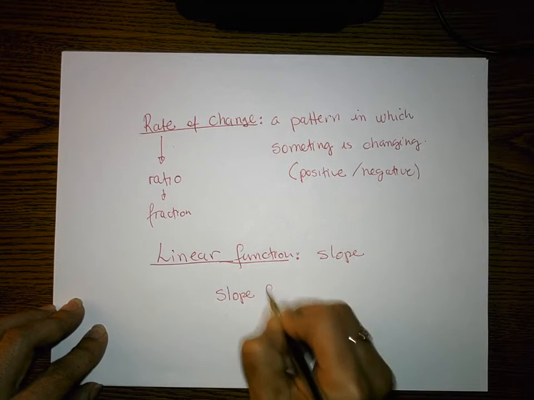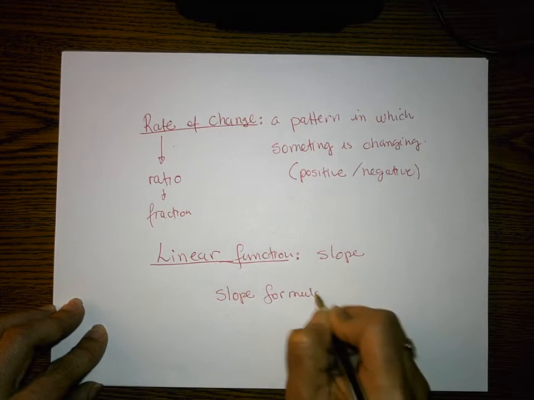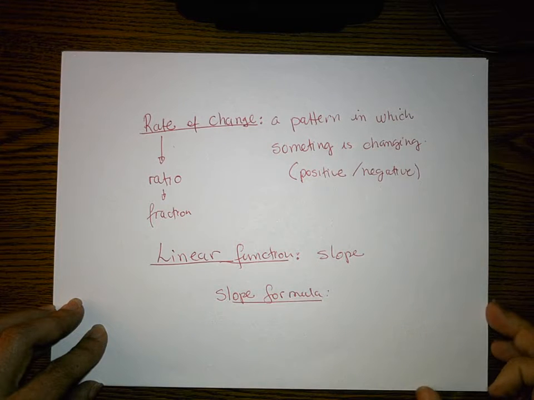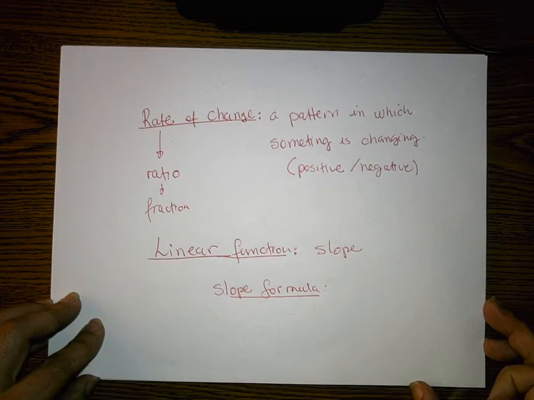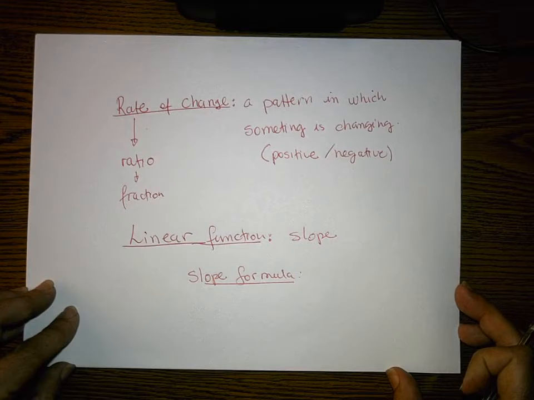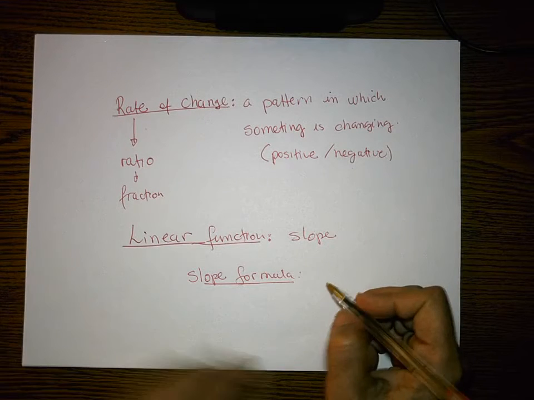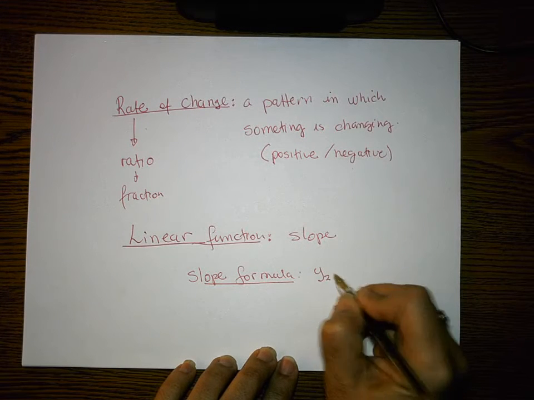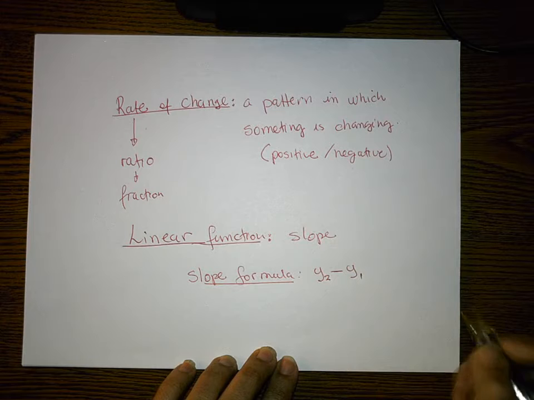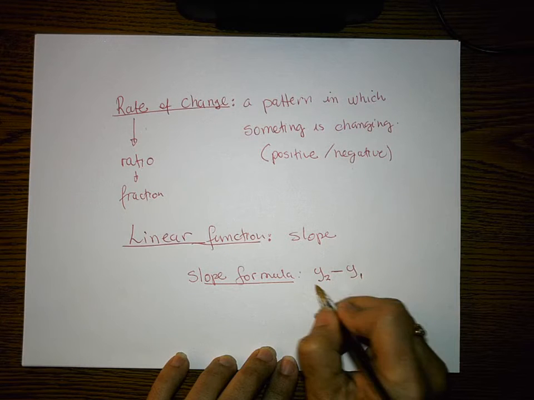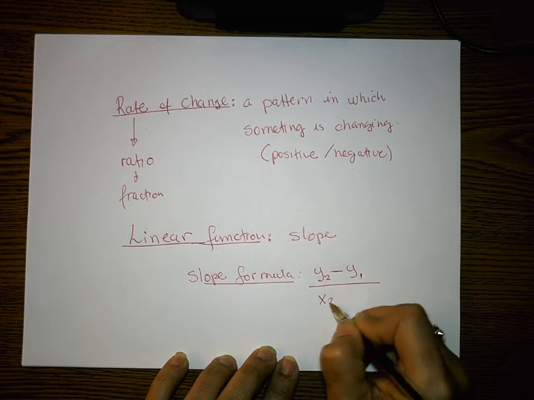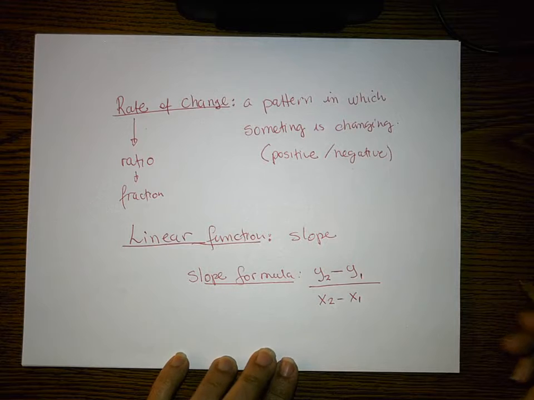Slope formula. Can you guys see okay? Yeah. Okay, slope formula. So the slope formula is y2 minus y1 all over x2 minus x1. Okay?